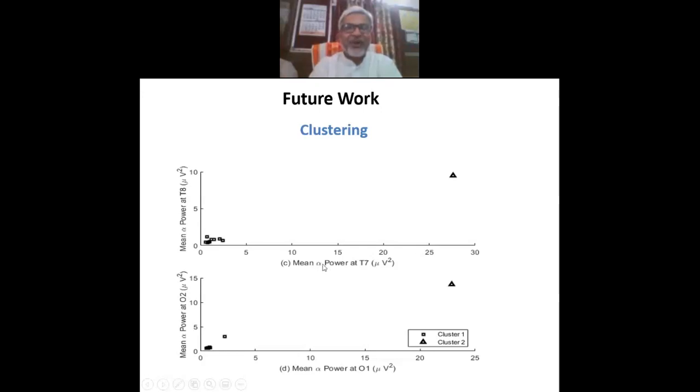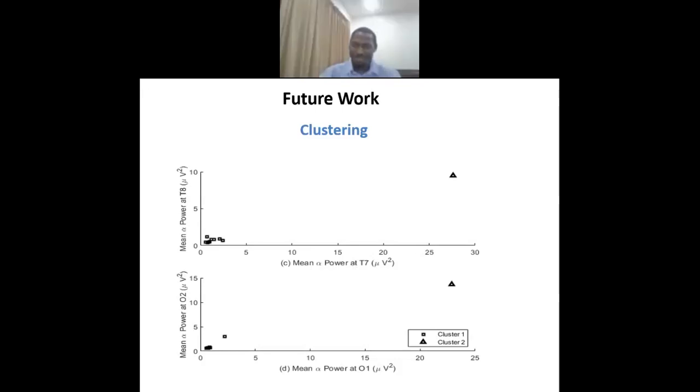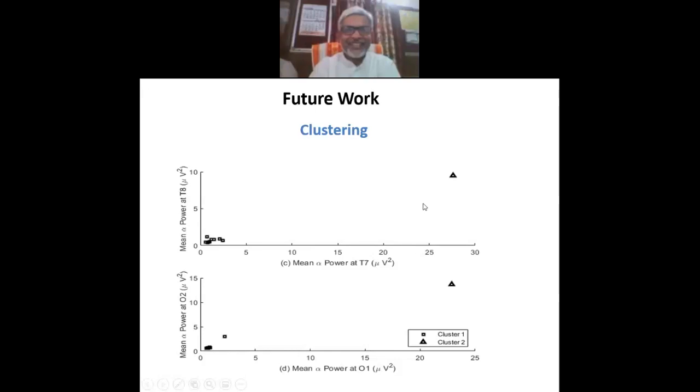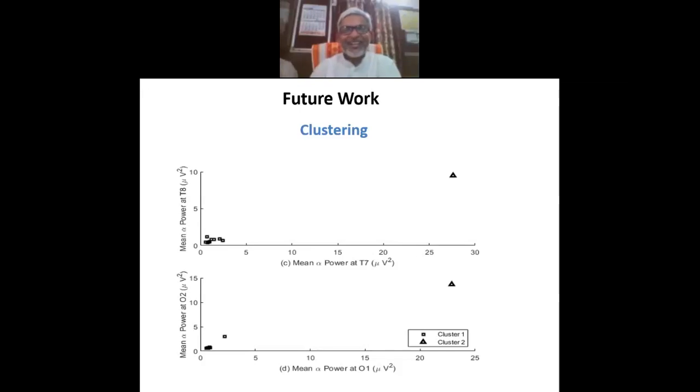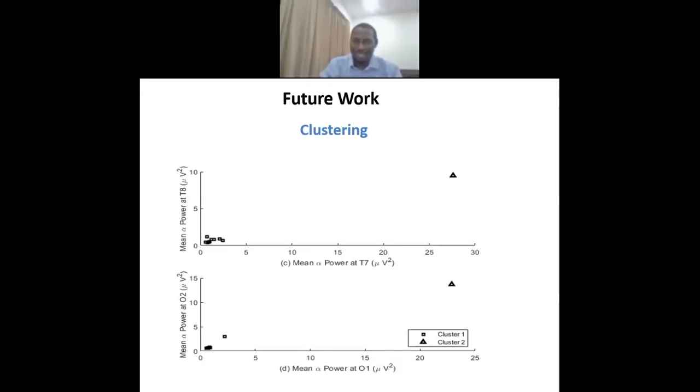This, for example, is when we use the mean alpha power. Alpha is one of the bands, depending on the frequency. And when we do the automatic clustering, this was just using k-means. K-means is just a method for clustering. For example, if you say that k equals 2, then you get two groups, and this one finds them automatically.